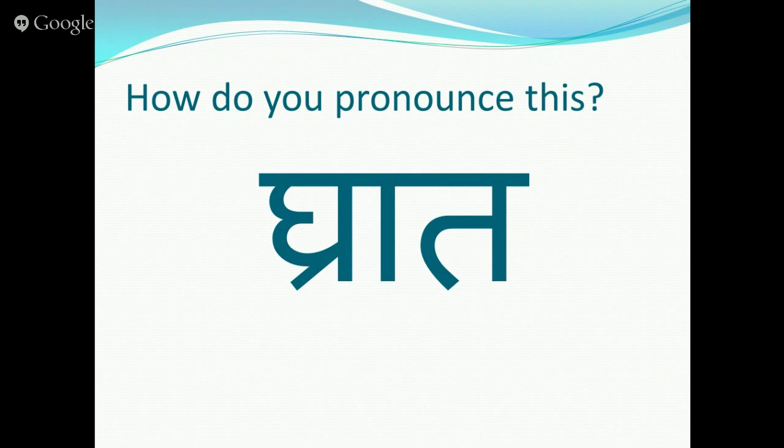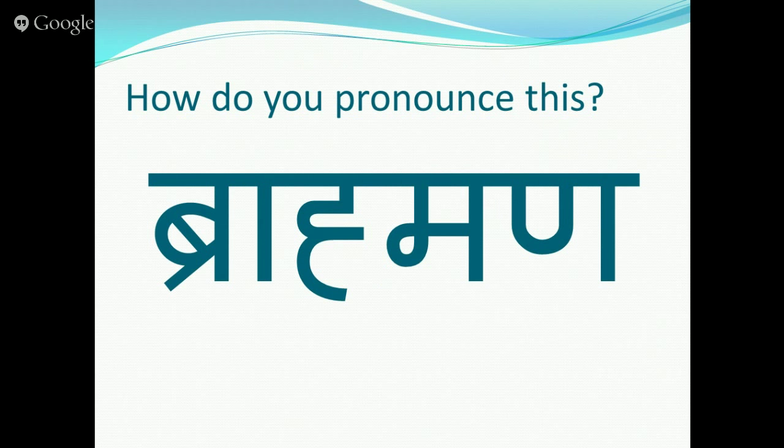Ghara, not gharat, but ghara. Why is it not gharat in standard Hindi? Because the root is growing out of the gha, which means that we got rid of the ghra.